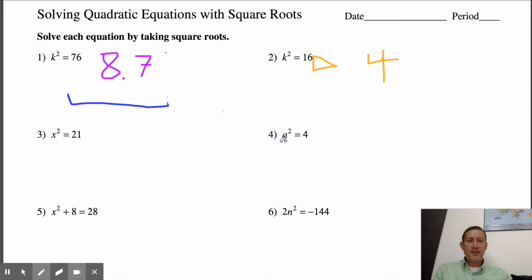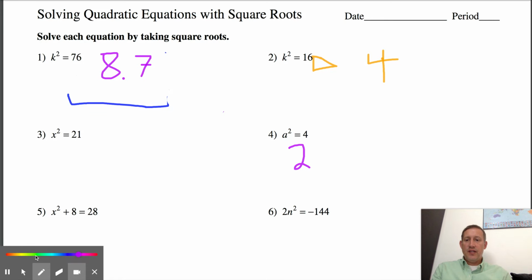And the answer to this one, number 4, what would you say that is? What number squared equals 4? It's 2, right? So anytime you square a number, it's going to have to be positive. So if I have, unless it's imaginary, 4 times 4 is 16, but also negative 4 times negative 4 is also positive 16, right?